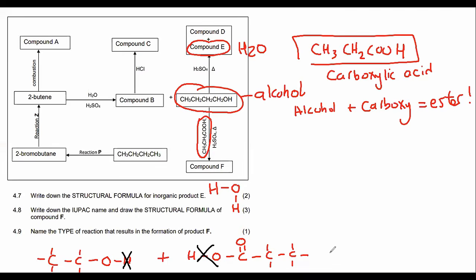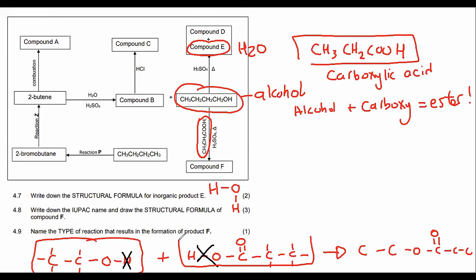So then you get the CCO, and then you're going to have 3 carbons over here like that. Can you see that these two molecules just link up together? And the water molecule gets released as an inorganic product. So that was esterification. Okay, so let's answer their question now.